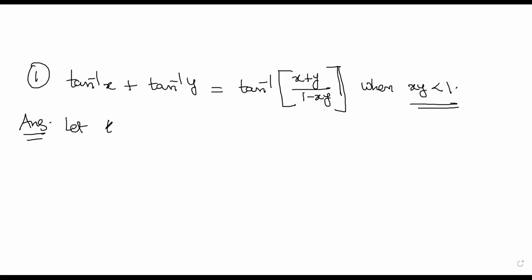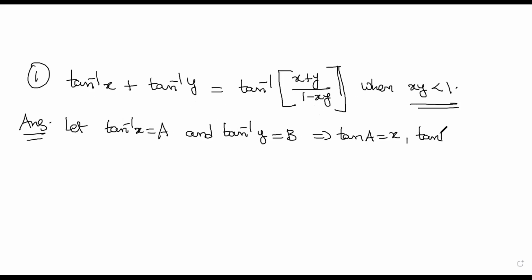Let tan inverse x is equal to A and tan inverse y is equal to B. So tan A happens to be x and tan B happens to be y.